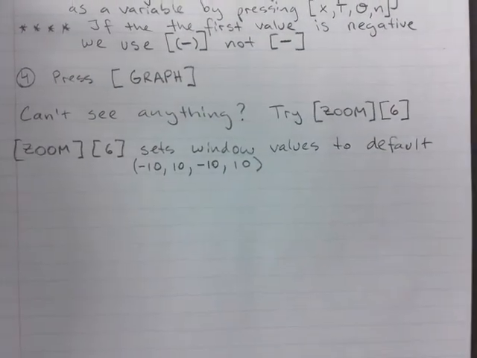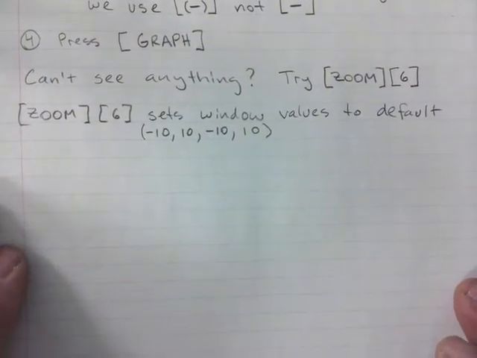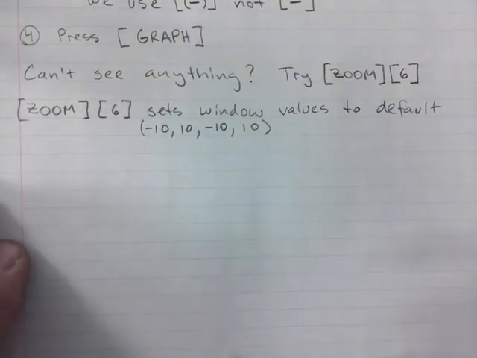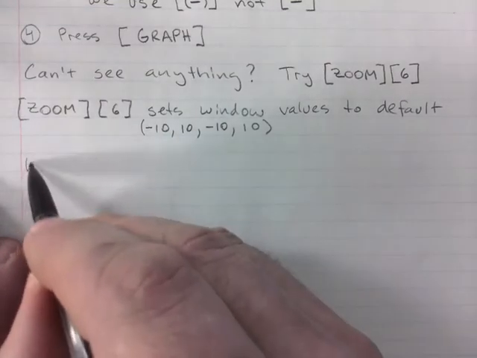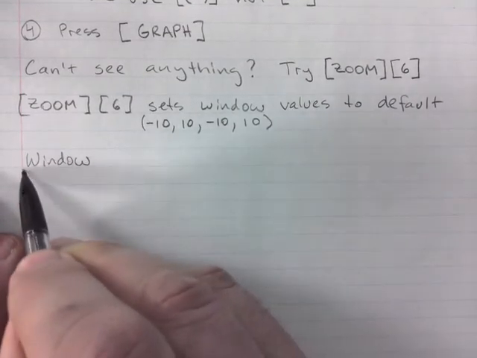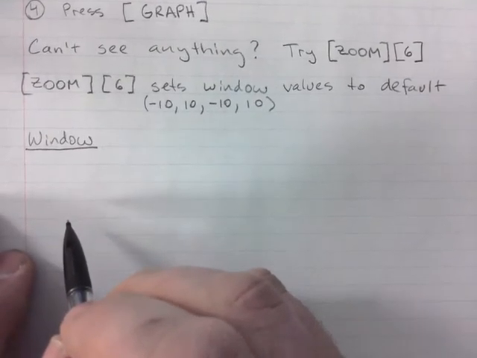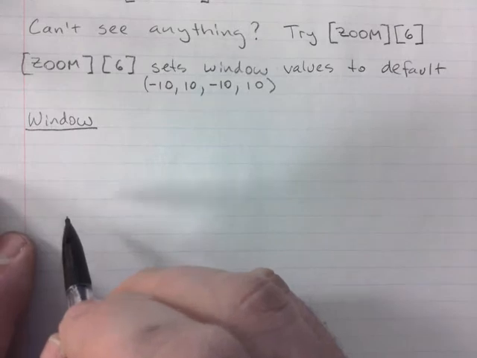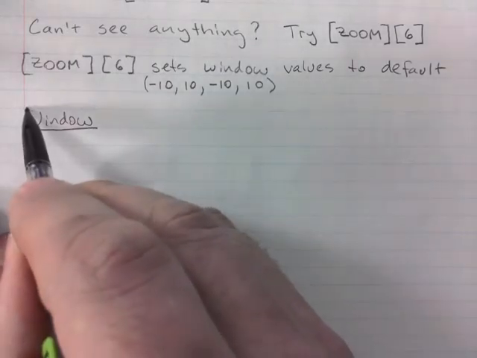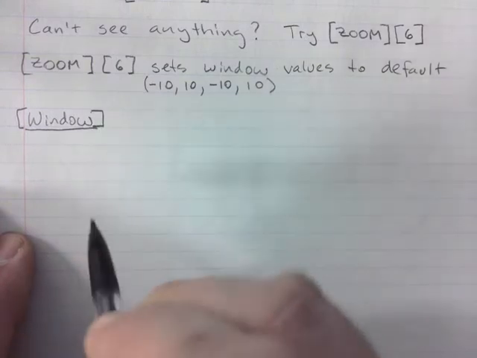Sorry, I have to adjust my camera here a bit. There. And then window, I need you to understand the window. When you press window, right, you can actually put square brackets around it because it's actually a button, right?